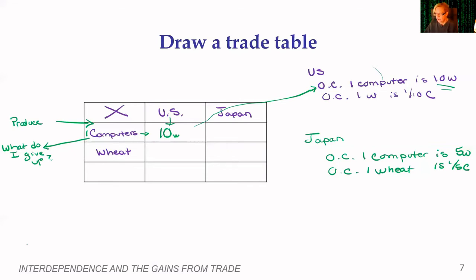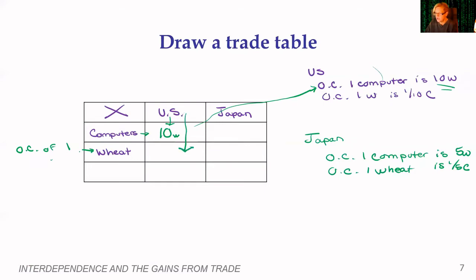Okay. Now, again, if I want to ask this a little bit differently, and whichever way you ask it, as long as it makes sense to you, that's perfect. You can also ask, and I'll do that one with Japan, what's the opportunity cost of one wheat, and I'm going to ask one wheat in the US.